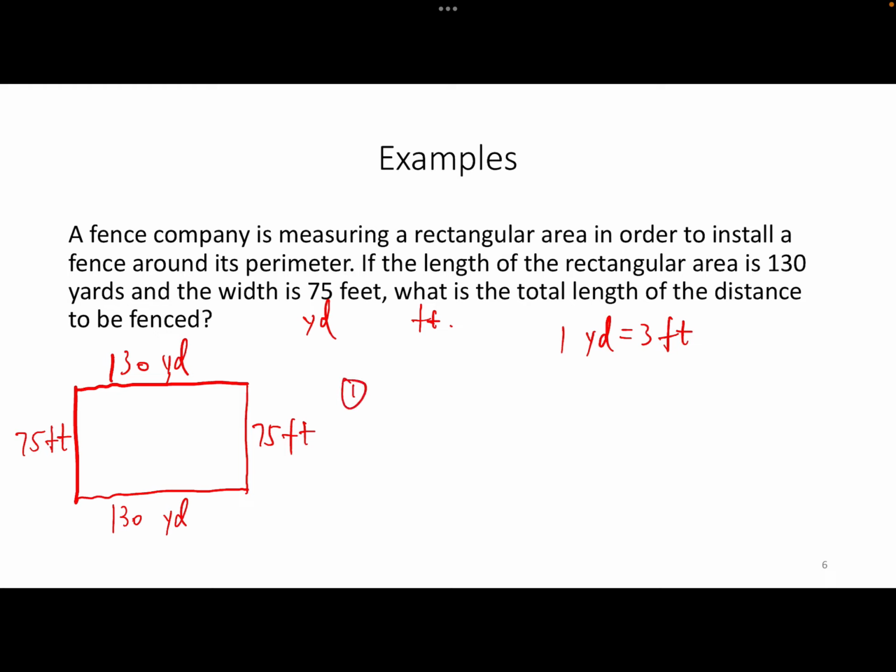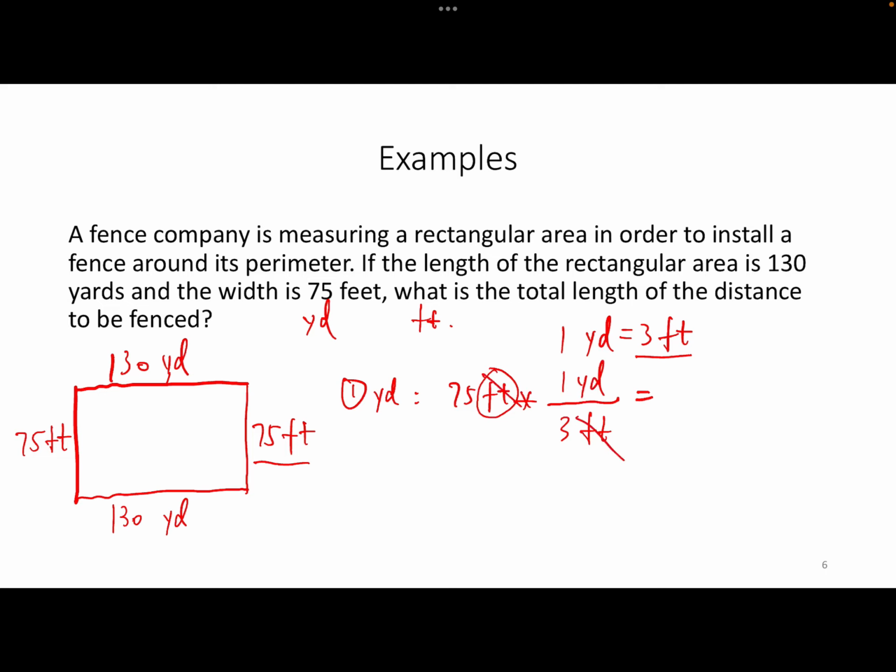First, if we convert everything to yards, the length is already in yards. So all we need to do is convert 75 feet times a conversion factor to become yards. What conversion factor do we need? Feet is the unit we don't want, so feet needs to be on the denominator: 3 feet on the denominator, 1 yard on the numerator.